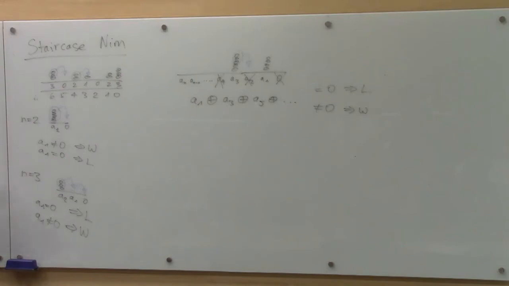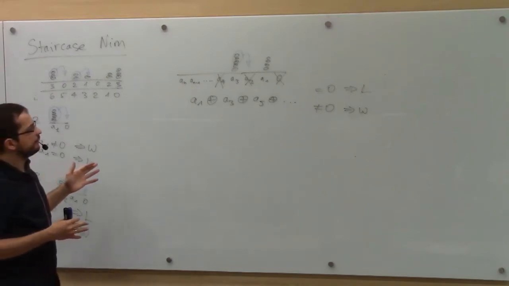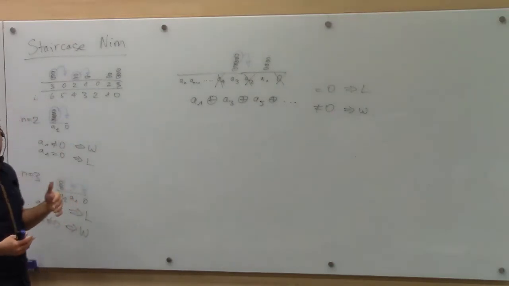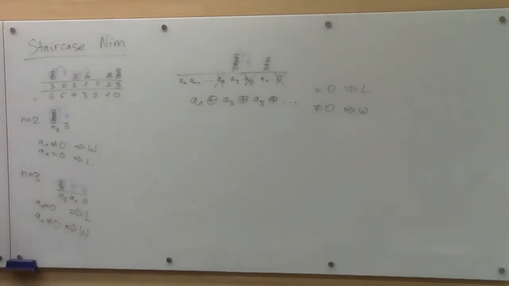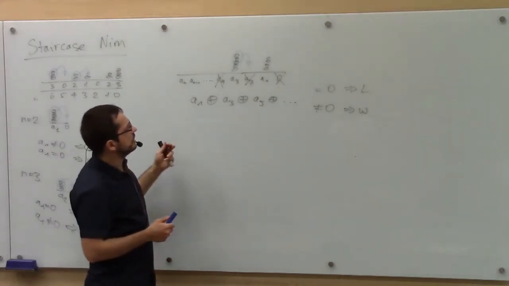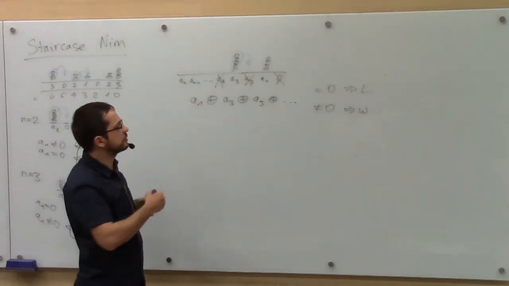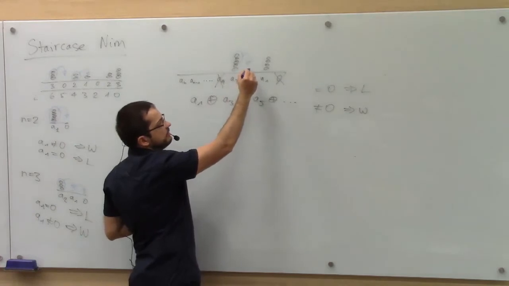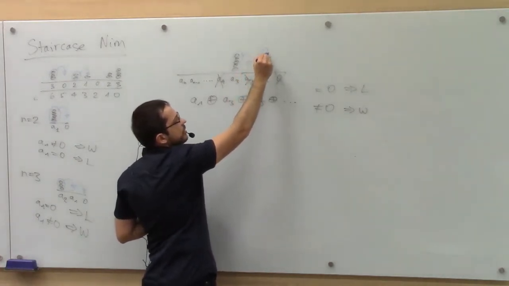And it's consistent with the small examples we have here. Of course, this is not a rigorous proof, because we also have moves which go from these even stacks to the odd stacks.